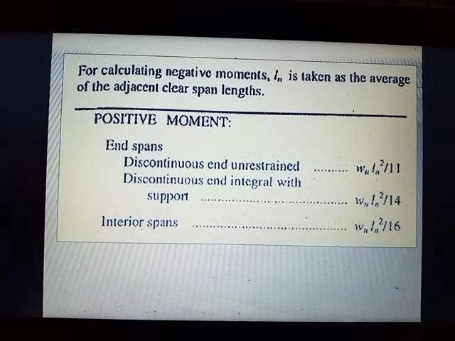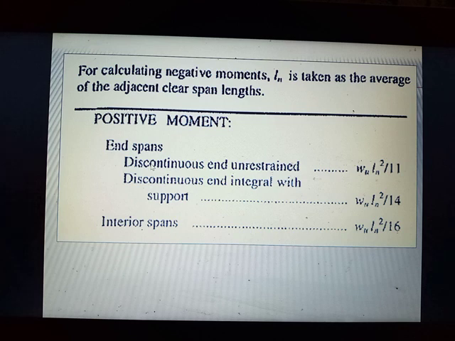For calculating negative moments, Ln is taken as the average of the adjacent clear span lengths. For positive moment at end spans, there are 2 cases. For discontinuous end restrained, WLn squared over 11.